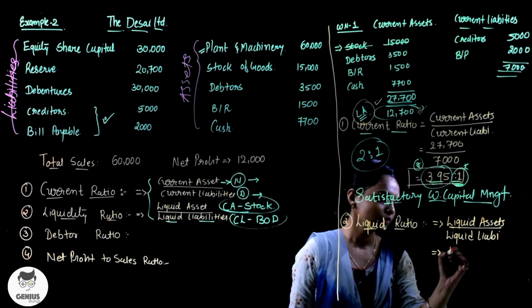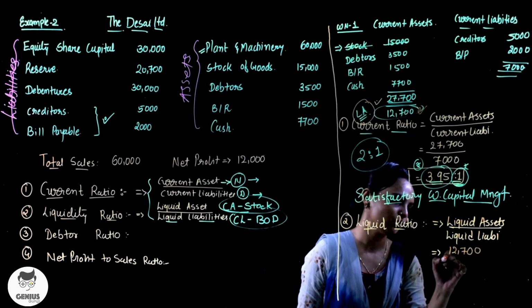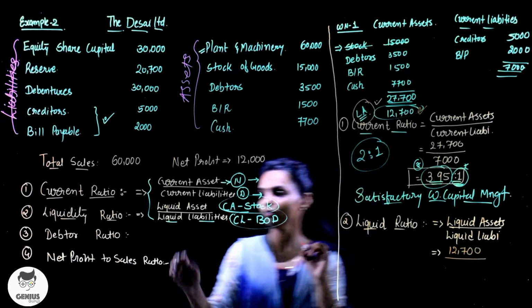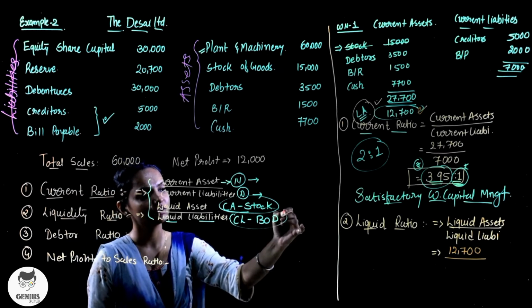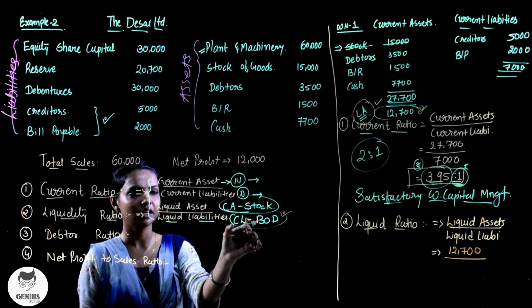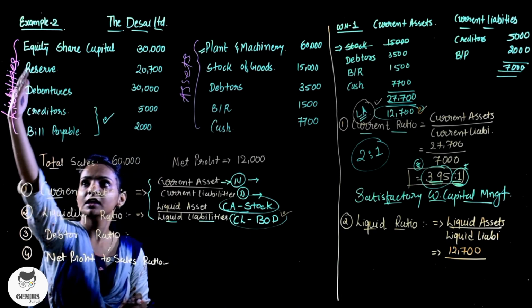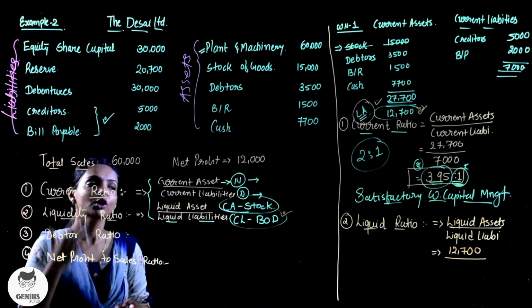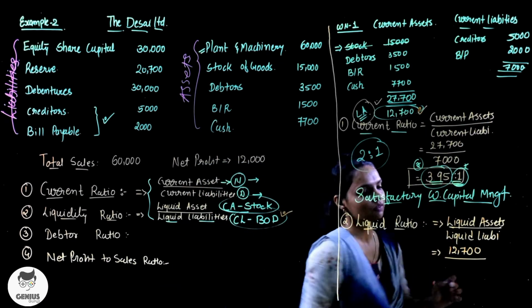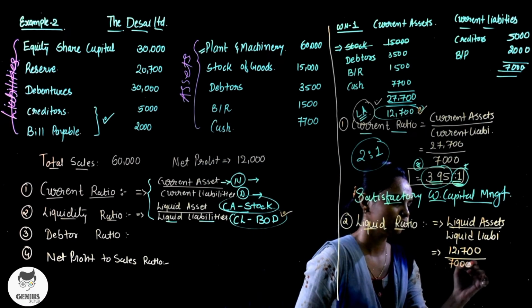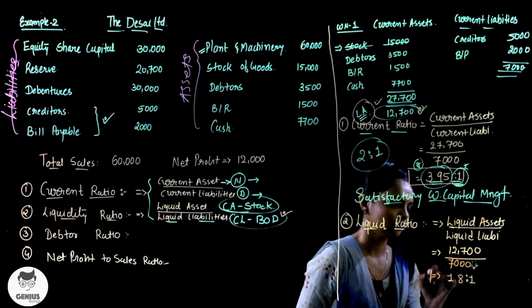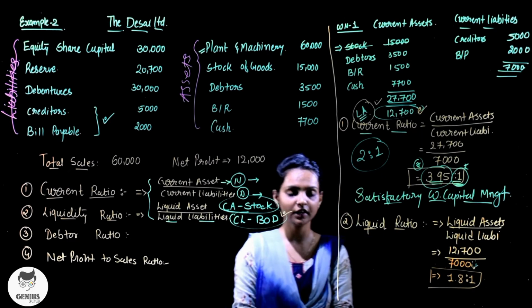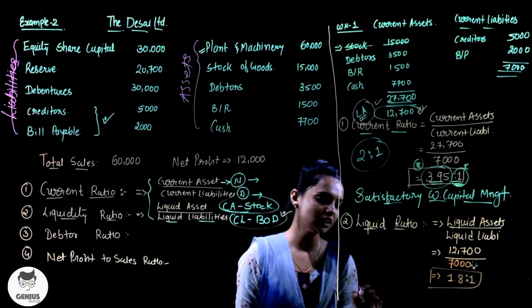So my liquid asset is 12,700. And what is the formula of liquid liability? Liquid liability means you are deducting BOD, bank overdraft, from current liability. But in your example there is no BOD, so you will take current liability as the base, and the total is 7,000. So you will get the answer 1.8 raised to 1. Now give a conclusion. It's also showing a very satisfactory result.